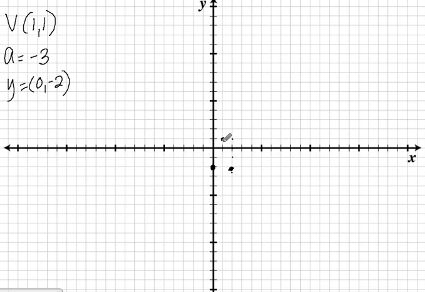That gives you an immediate idea of what this parabola is going to look like. If you need additional points, you can always make a table of values and plug in some additional points. I would probably plug in x equals 2, x equals 3, x equals 4. Not too many points are needed whenever you're graphing a parabola.